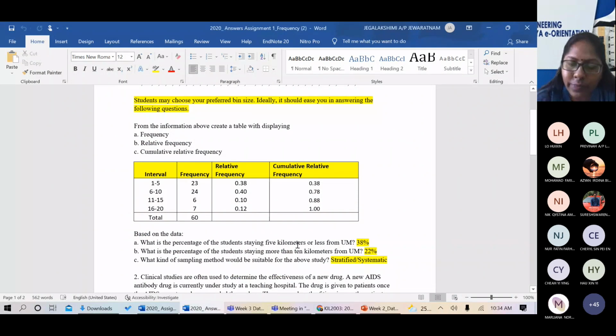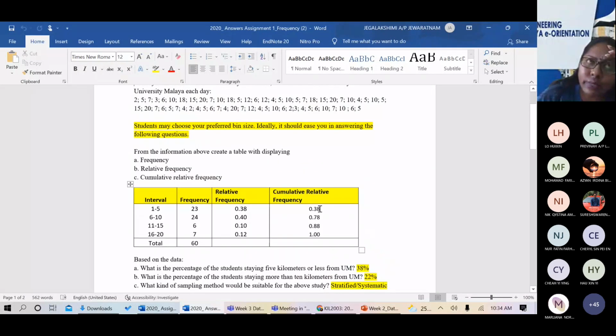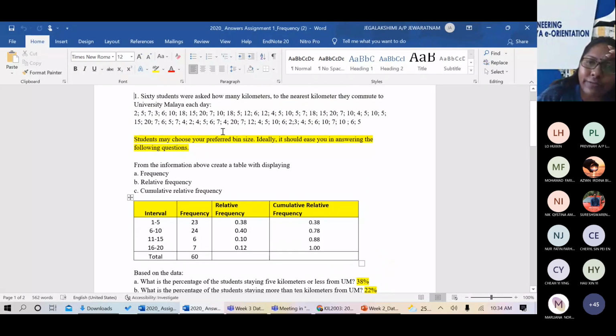That's one. Another way is to look at your minimum and maximum. And usually the bin size is between 3 to 5. But if you have a lot more numbers, you can also go up to 10 usually.